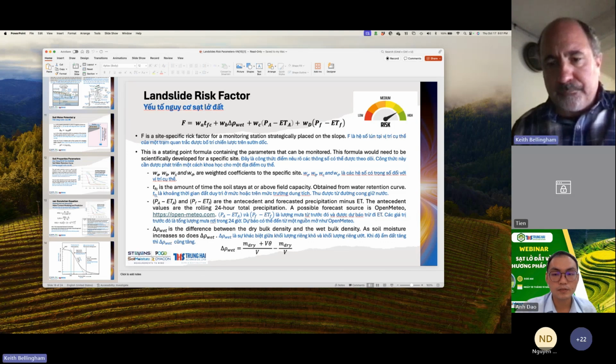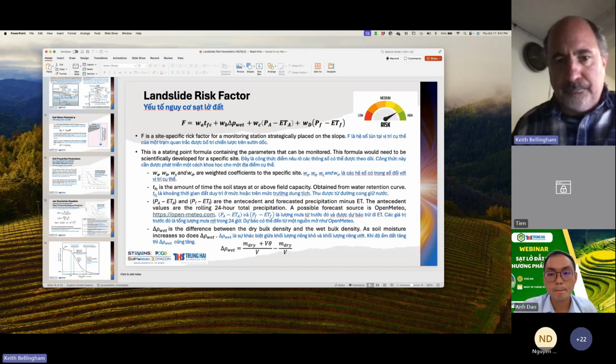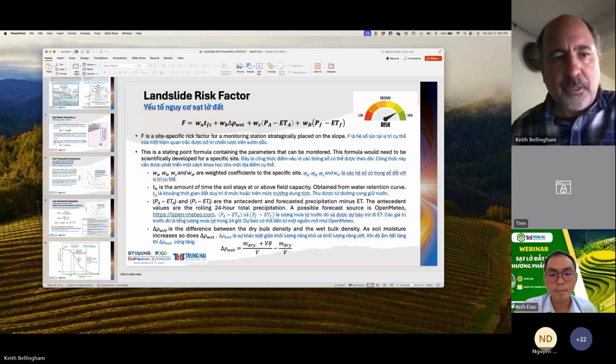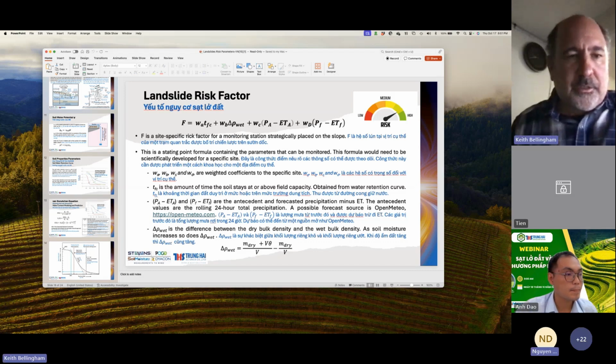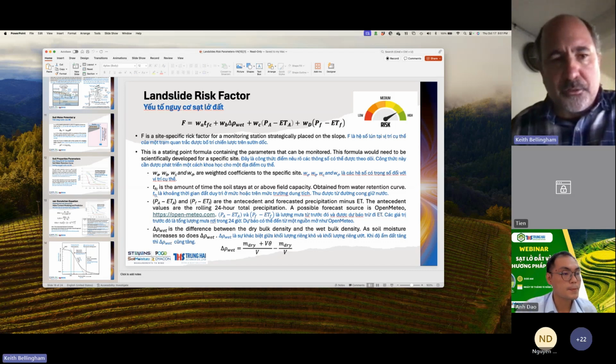Going back to one of the questions here, a lot of the things in the current studies in the scientific literature involve mathematically modeling the soil moisture from the meteorological conditions.